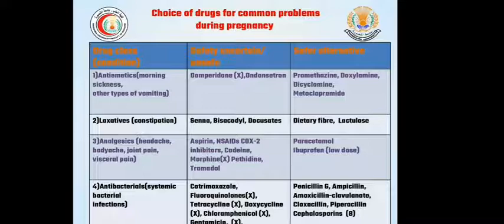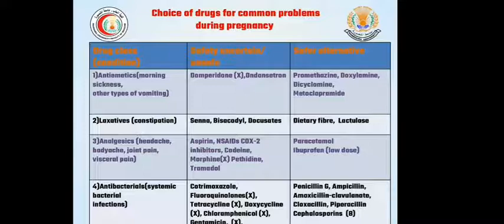What are the analgesics which are safe during pregnancy? Paracetamol is safe. It is category B. Also, we can use low dose ibuprofen if it is indicated. What are antibiotics which can be safe during pregnancy?